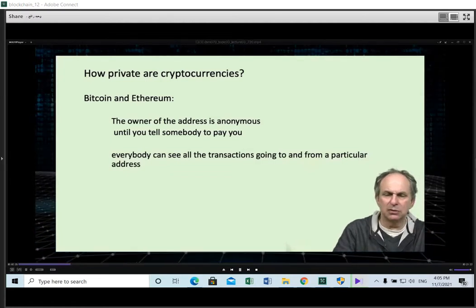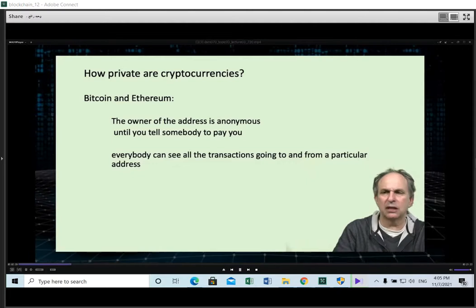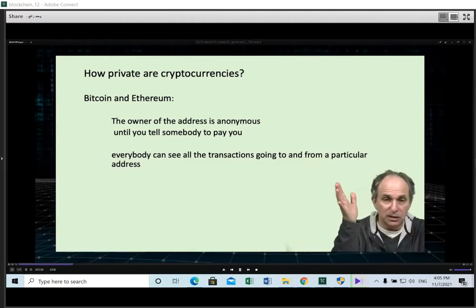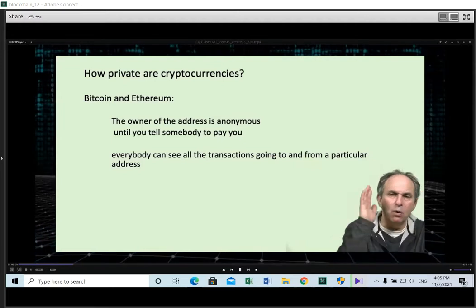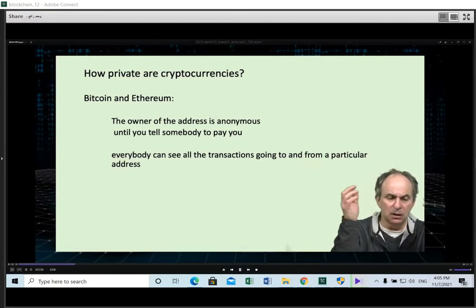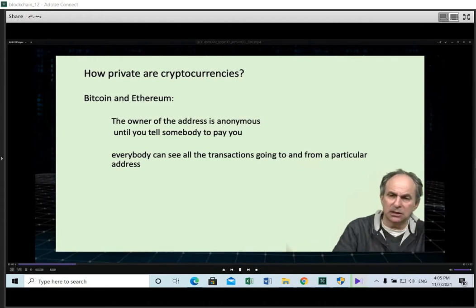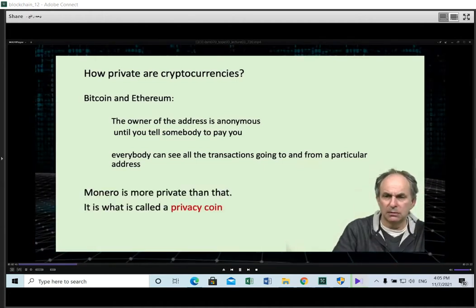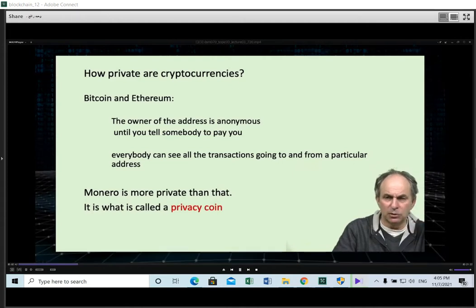So, what else might I want to hide? I'm going to hide the amount of each transaction. I'm going to hide where the money's come from. I'm going to hide which outputs are controlled by which addresses.